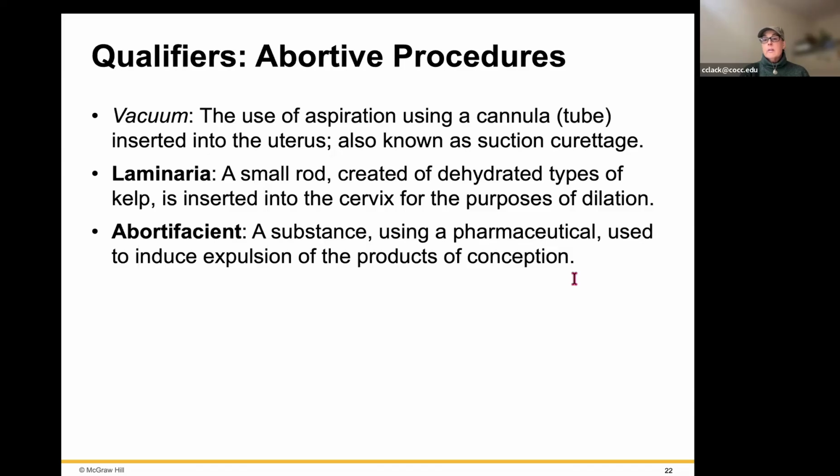Your coding focus is the objective, what was removed, what was extracted, and the approach. Laminaria is a small dehydrated kelp rod, which we discussed a few moments ago, placed in the cervix to help dilate. And then abortifacient is a pharmacological agent that's used to help induce expulsion of the products of conception.